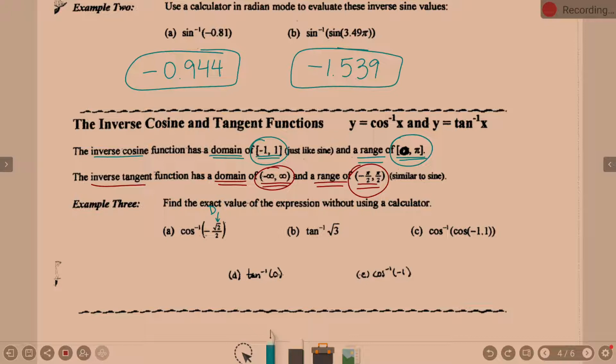What are your thoughts here? At what angle does cosine equal square root of 2 over 2? I would not worry about the negative quite yet. We need to figure out what angle we're talking about in general.